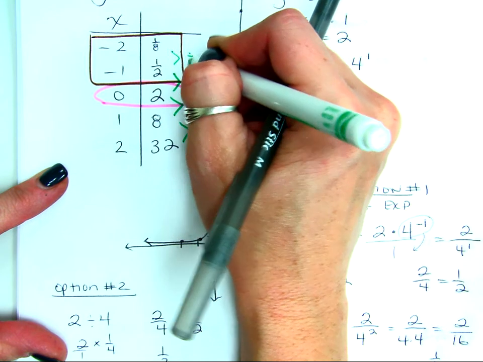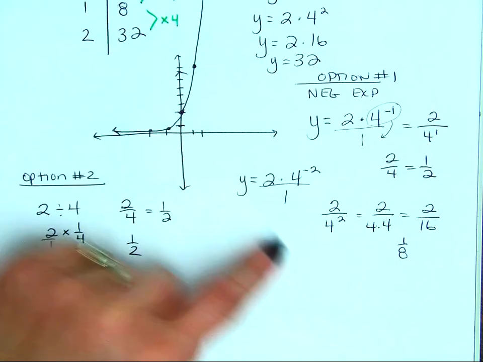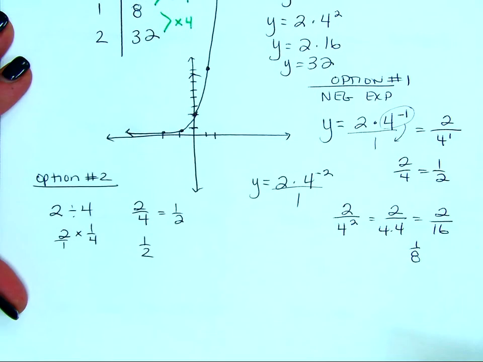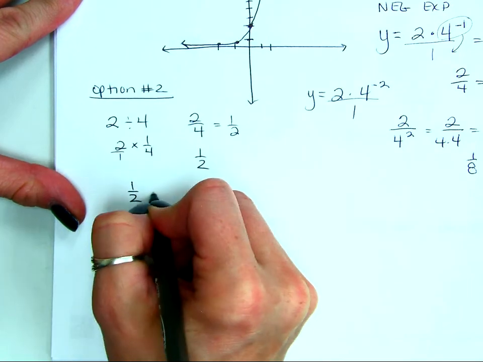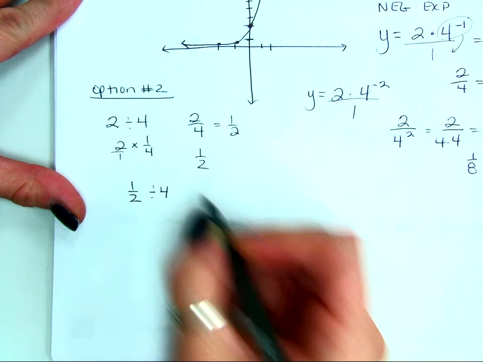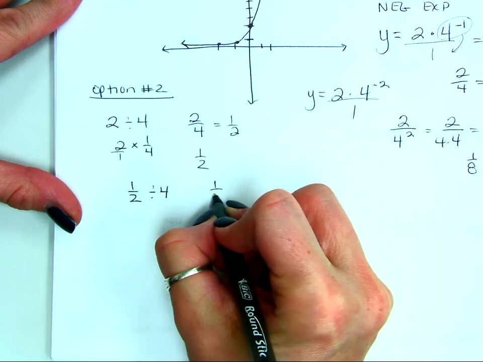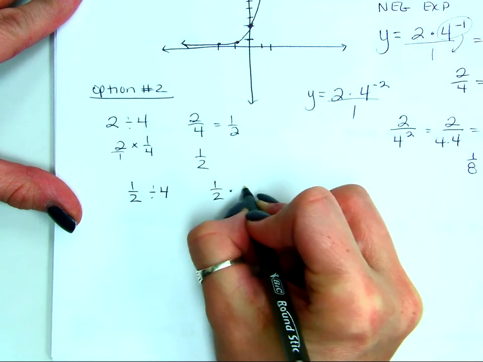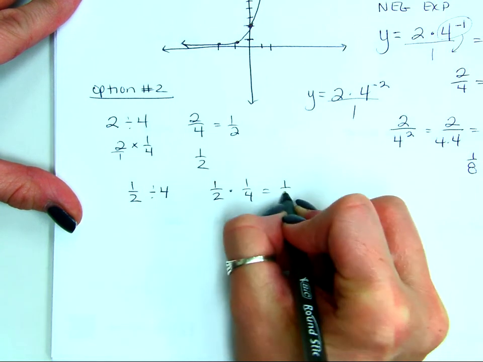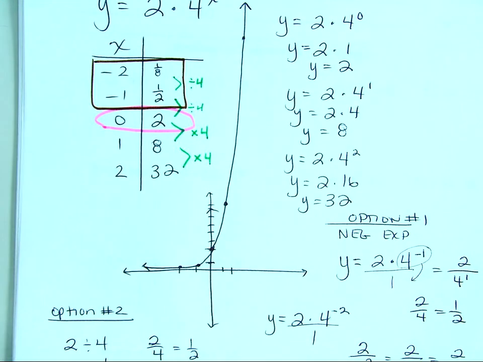Yeah, I know it's already there, but we're pretending it's not. We did it the negative exponent way, and now I'm showing you the fraction way. There's where your 1/8 comes from. So the choice is yours. You can choose to do the negative exponent or the fraction way.